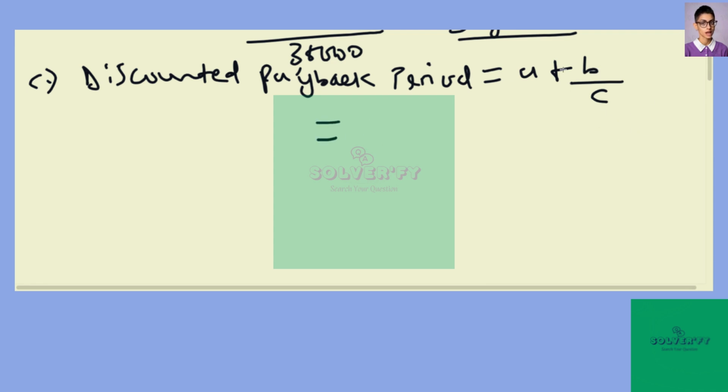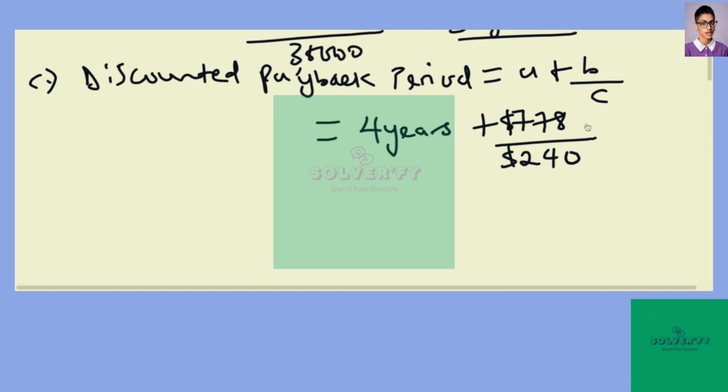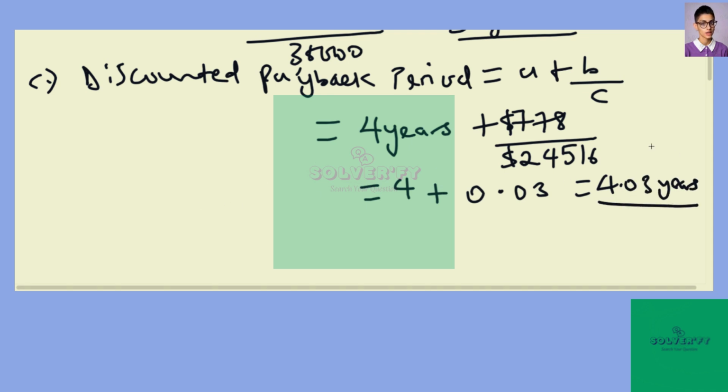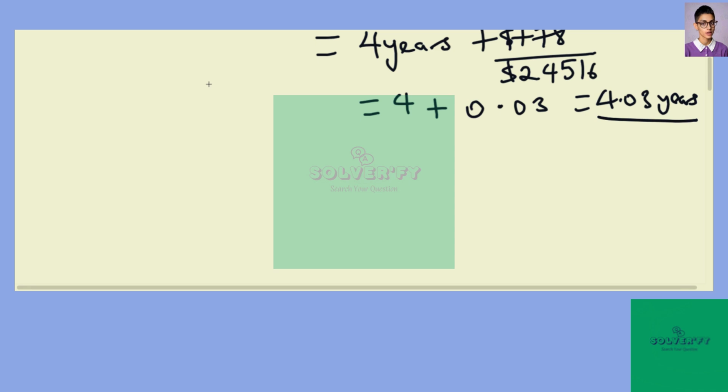So A would be 4 years, plus B, which is $778, divided by C, which is 24,516. This is basically 4 plus 0.03, which is 4.03 years. So this is what the discounted payback period is.